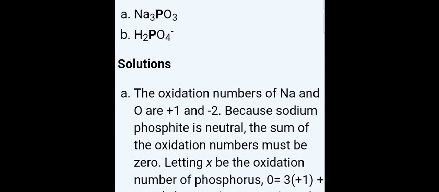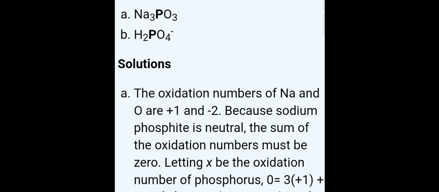H is +1, so multiply by 2, because 2 is written as the subscript for hydrogen, so the total hydrogen is +2, while oxygen is -2, multiplied by 4 means -8, and then +2, the answer is -6.